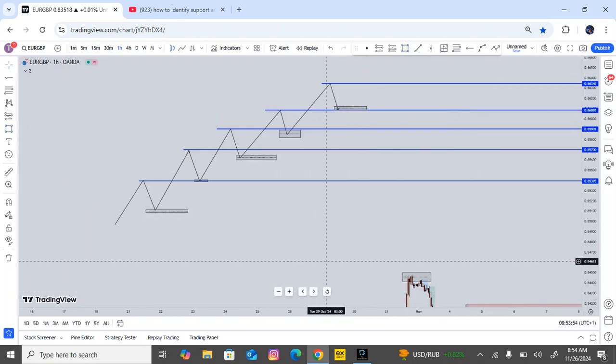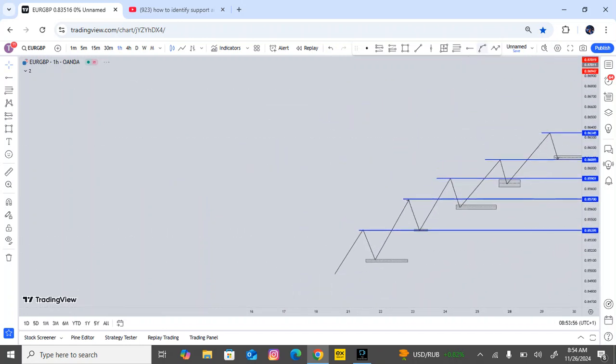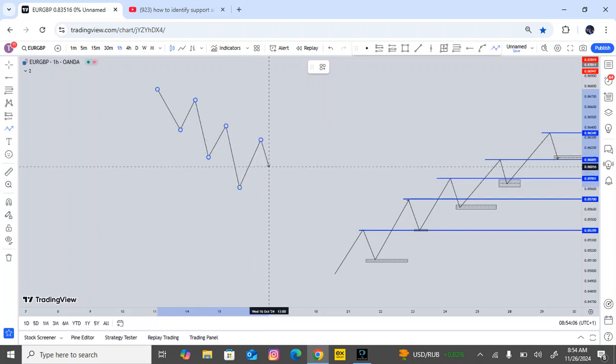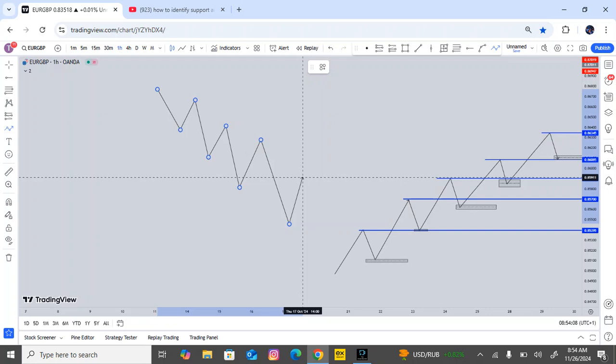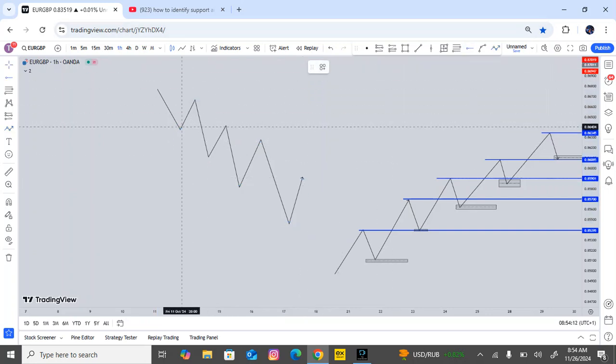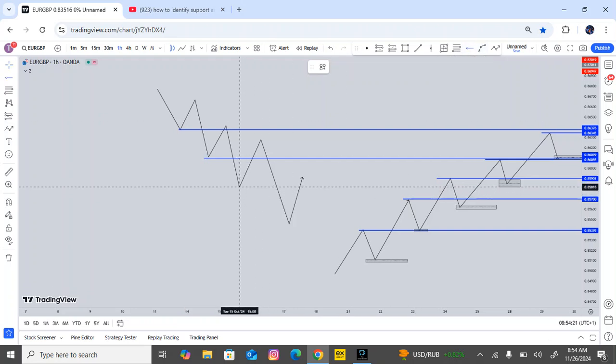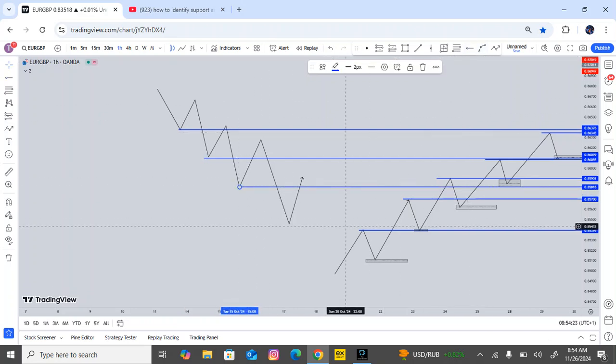But when markets start doing something like this, making lower lows and lower highs, these are called the lows. They are called lower lows because they are lower than each other.